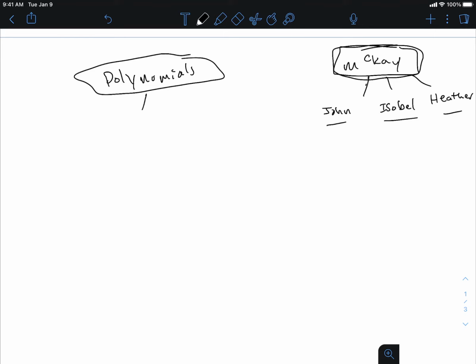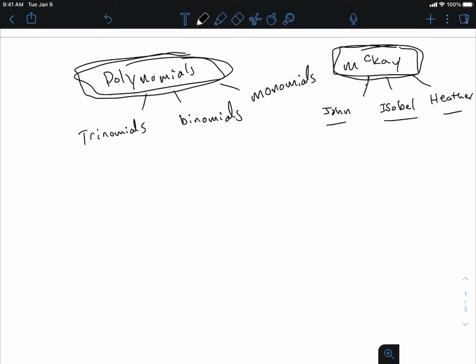And we have trinomials, binomials, and monomials. Polynomials is like the family name, and we just have a whole bunch. So there'd be 3 terms here, 2 terms here, and 1 term here.